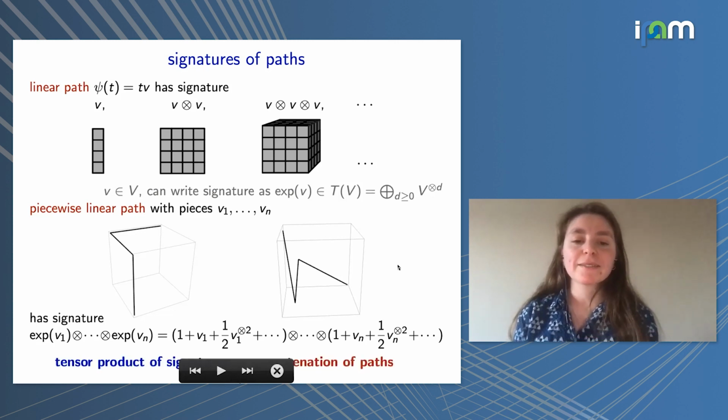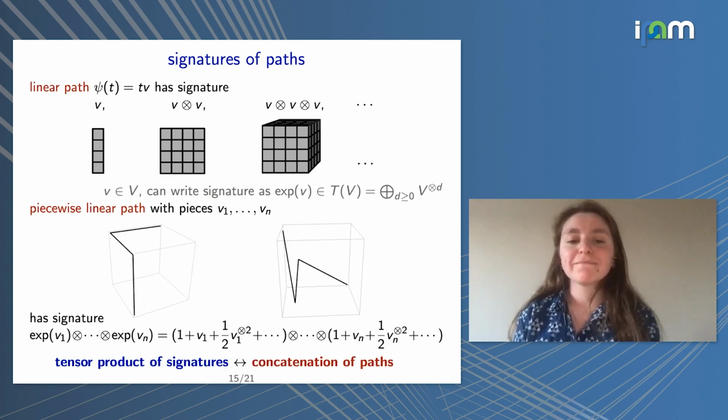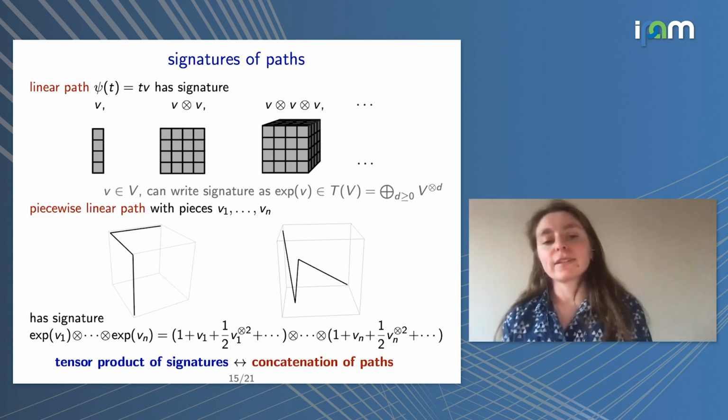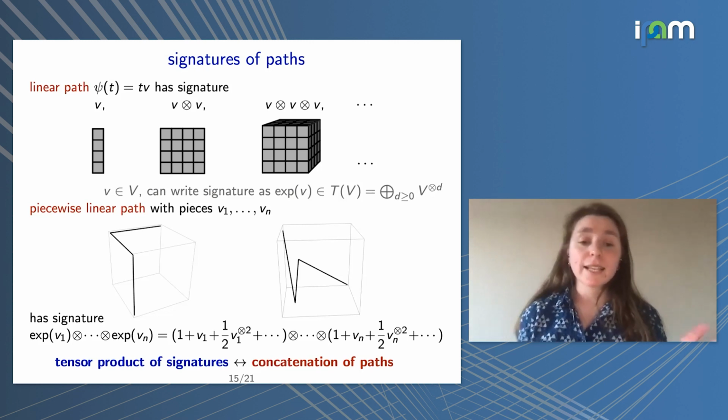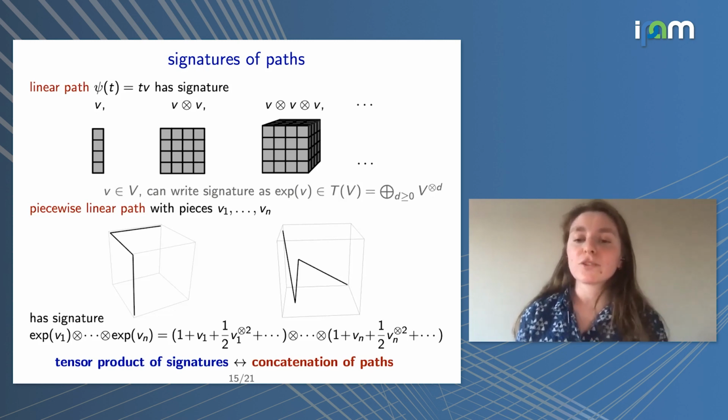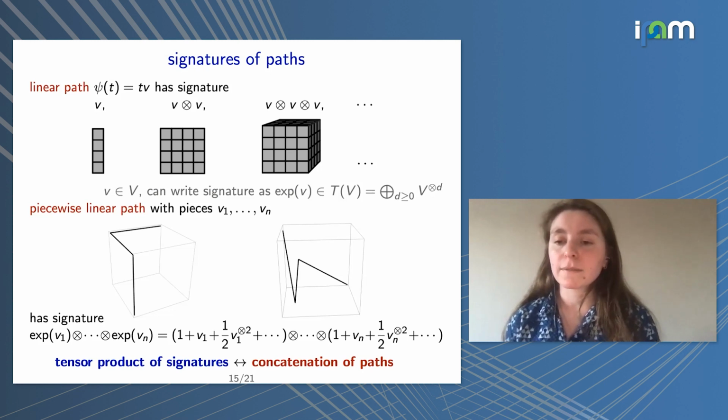Okay, and this is nice because we have a connection between structure at the level of tensors and structure at the level of paths: taking the tensor product of two signatures gives the signature of the concatenation of the paths.